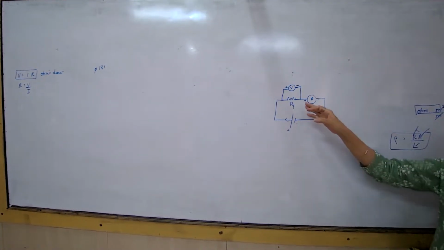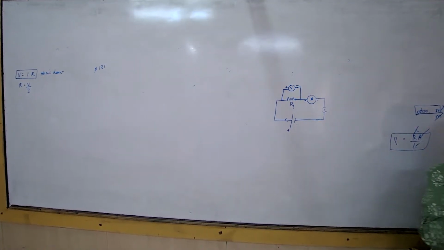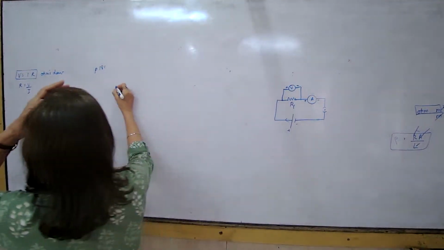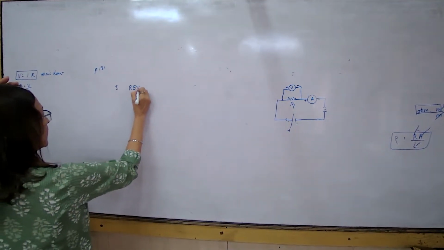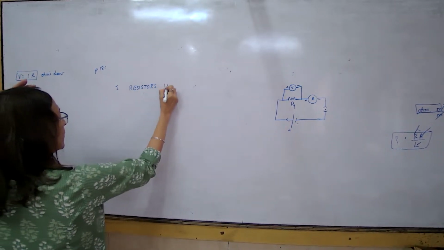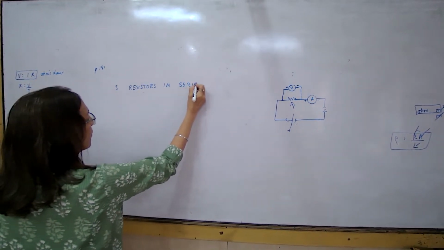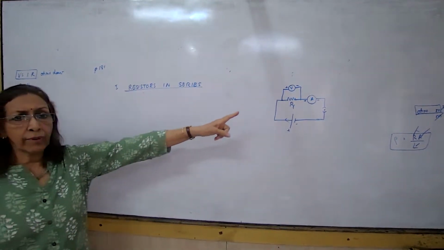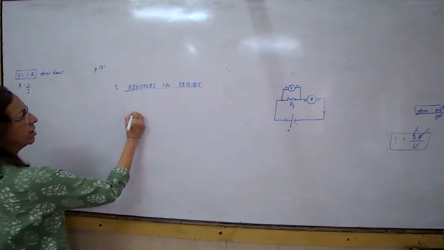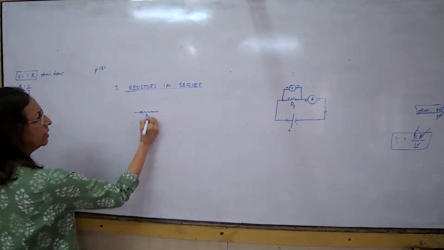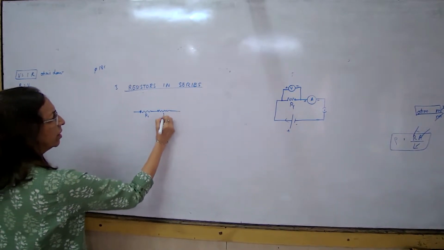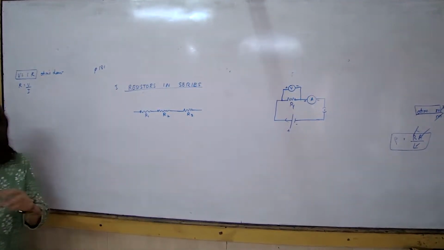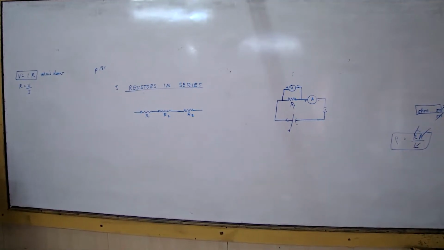Suppose I have 1, 2, 3 resistors connected end to end. How will that look? The first arrangement we are going to talk about is in series. I have R1, R2 and R3, three resistors in series.